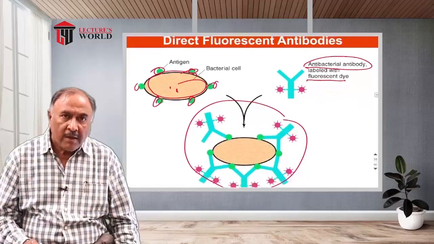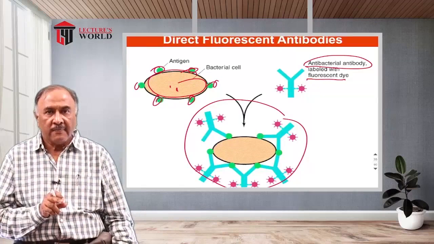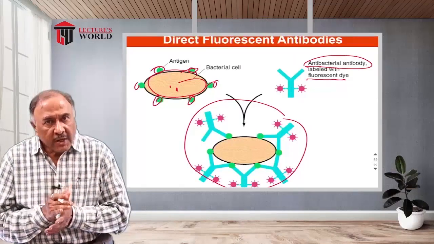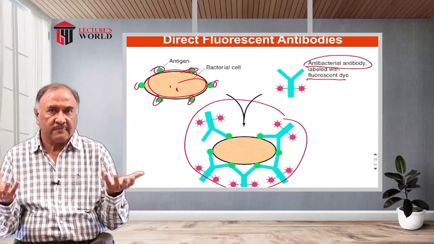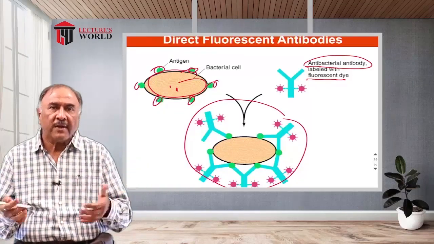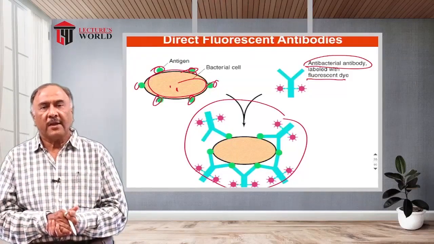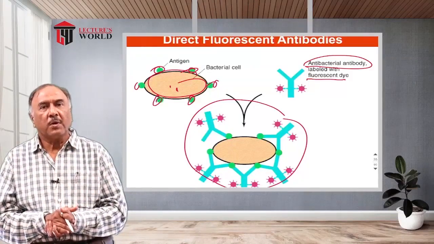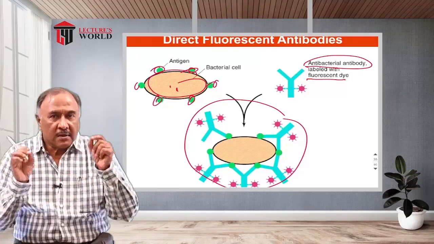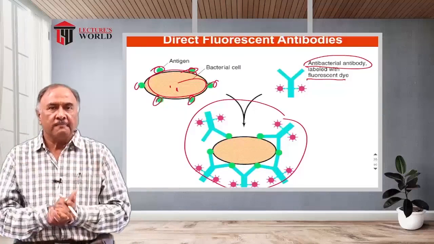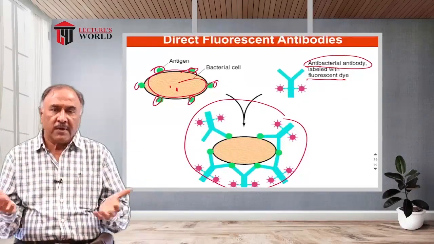So, if those antigens are present on the slide, they bind to the antibody and these antibodies would fluoresce when exposed to UV radiation. Therefore, the technician does not have to search hard for the particular organism, because fluorescence will be clearly observed against the dark background.